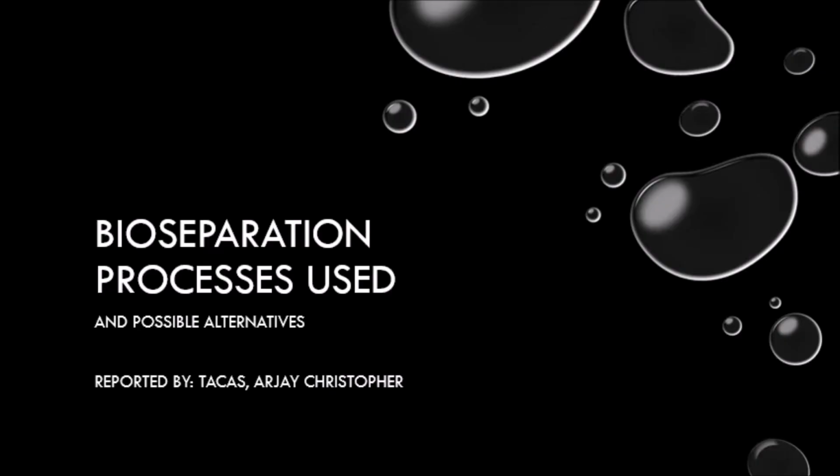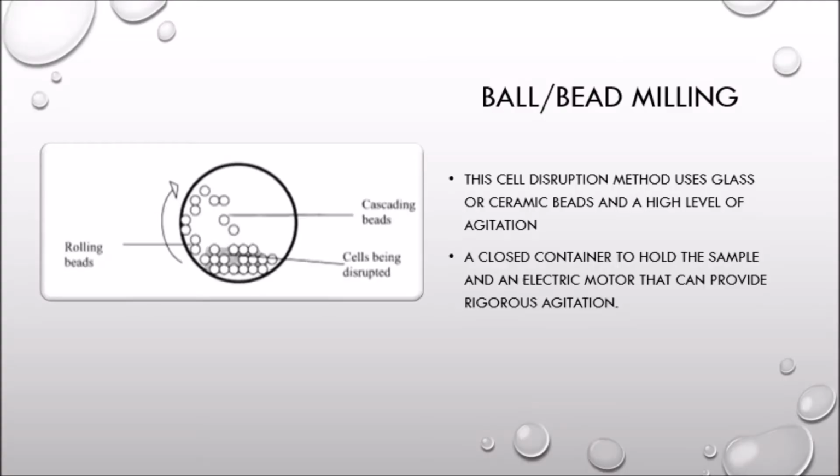Hello, I'm RJ Tacas and I'm here to report about the bioseparation processes used in the proposal. For the cell disruption method, ball milling was the chosen method. It uses glass or ceramic beads and a high level of agitation.